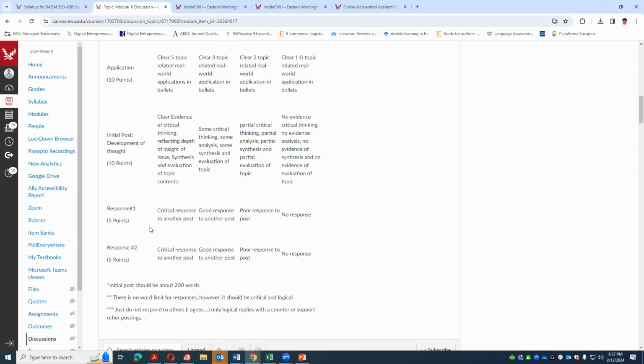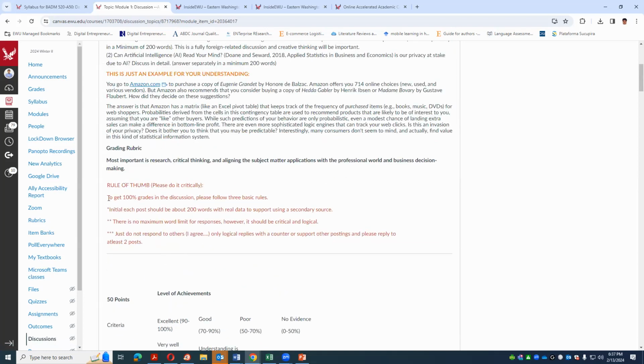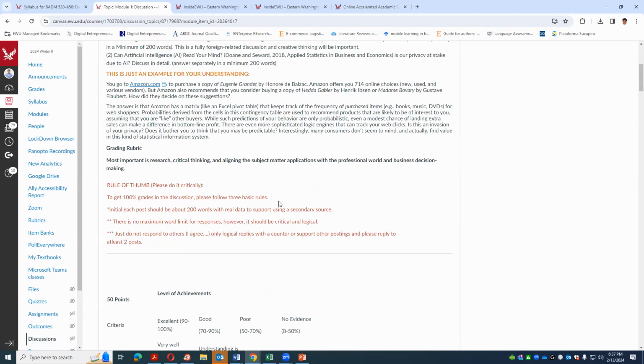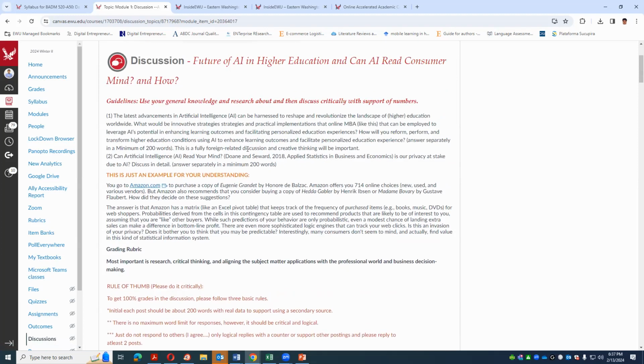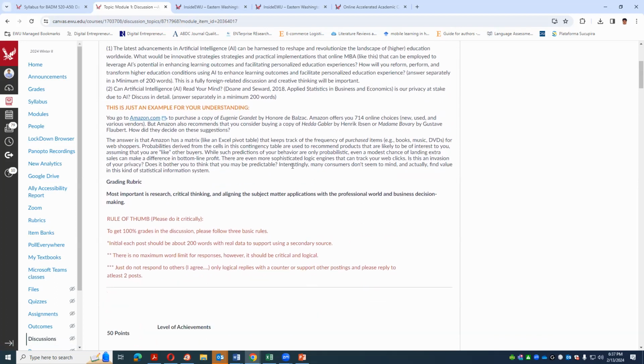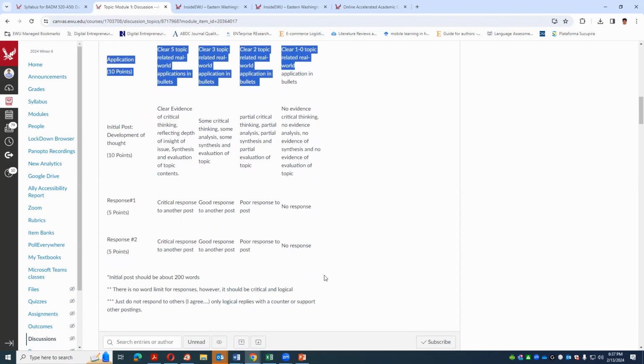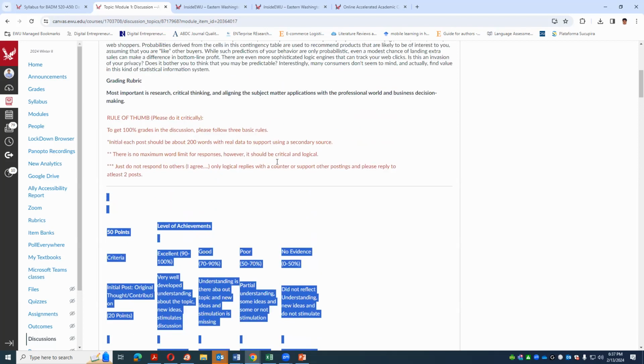This rubric is what you have to follow. Can you see this? So to get 100, the initial post always has to include some data, and I clearly mentioned that in the syllabus. I'm going to also mention it here. Always put some Excel sheet along with this. Just ignore that for this. Follow this thing.